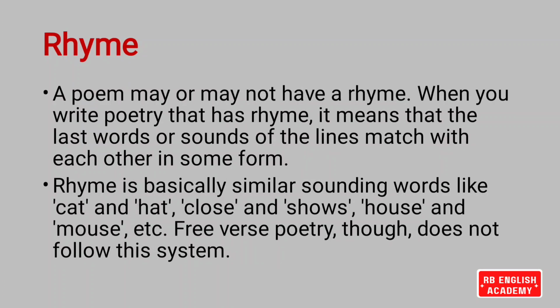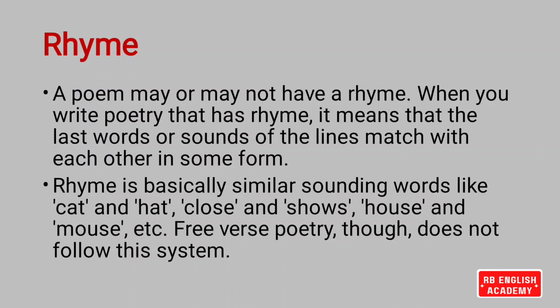And the next one is rhyme. A poem may or may not have a rhyme. When you write poetry that has rhyme, it means that the last words or sounds of the lines match with each other in some form. So rhyme is nothing but the last words of the first line and second line having the same sound.